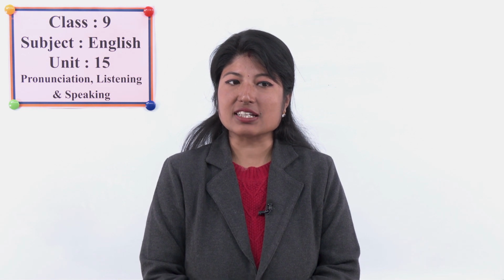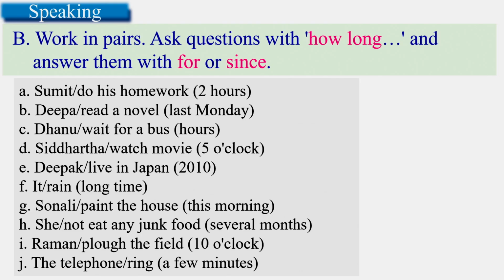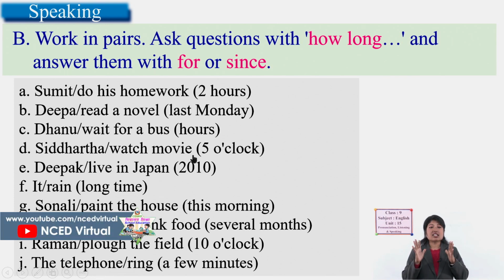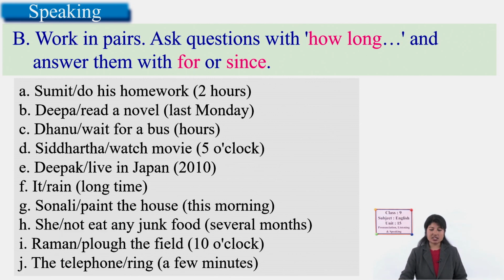How many? A, B, C, D, E, F, G, H, I, and J. So 10 dialogues you need to create. The clues are here and you need to create the dialogues in the speaking session. Let's read and find out what we need to do.